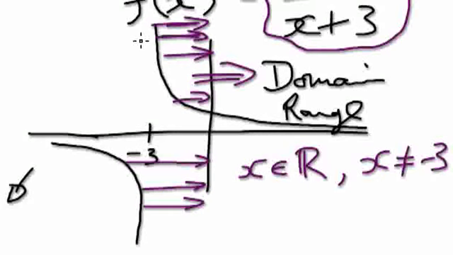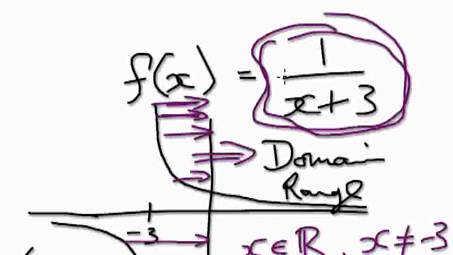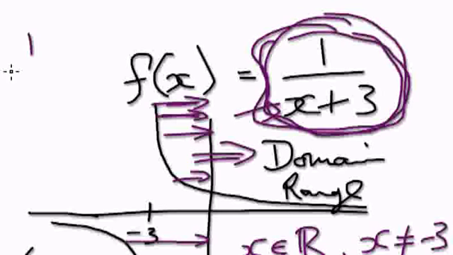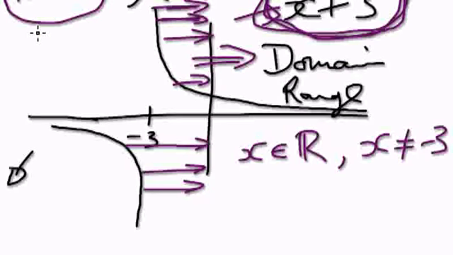Remember, when given this function here, you cannot find a value of x where this whole thing will be 0. Because even if you have 1 over, let's say, 999999999, this number won't be 0. It just won't be 0. So your range would be negative infinity, comma, infinity.